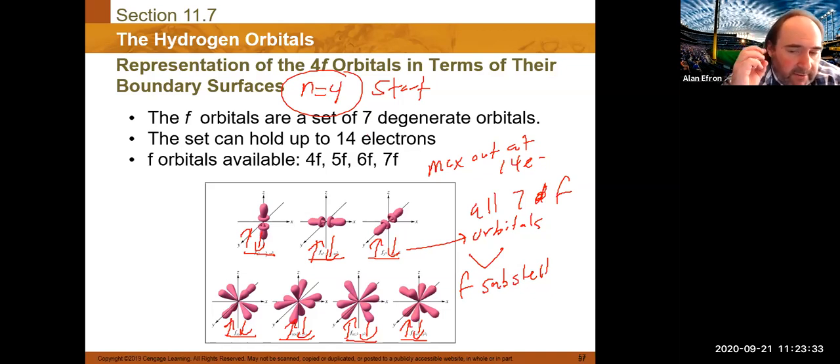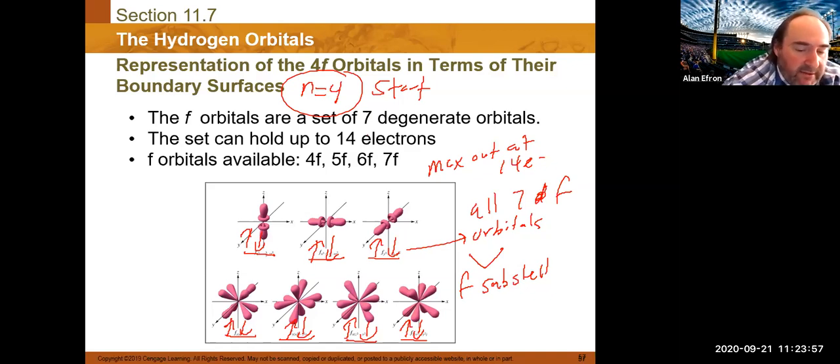Each p subshell is made up of 3 orbitals, a px, a py, and a pz, and if you max out the p subshell, you can put 6 electrons. D orbitals start on the 3rd energy level, and the d subshell is made up of 5 different d orbitals. If you put 2 electrons in each, you can get 10 electrons to max out the d subshell.